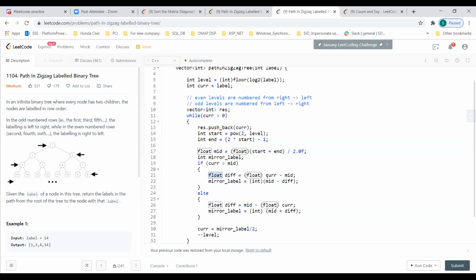So then you actually take a difference with your current value and the mid, and then when you are done with this diff, again convert it to an integer, and then you find your mirror label, and then at the end you divide this by 2, so you get your current, and then you keep on decreasing the level every time. So these things are also not so good, and you'll have to always be very careful about this. So this was one implementation.